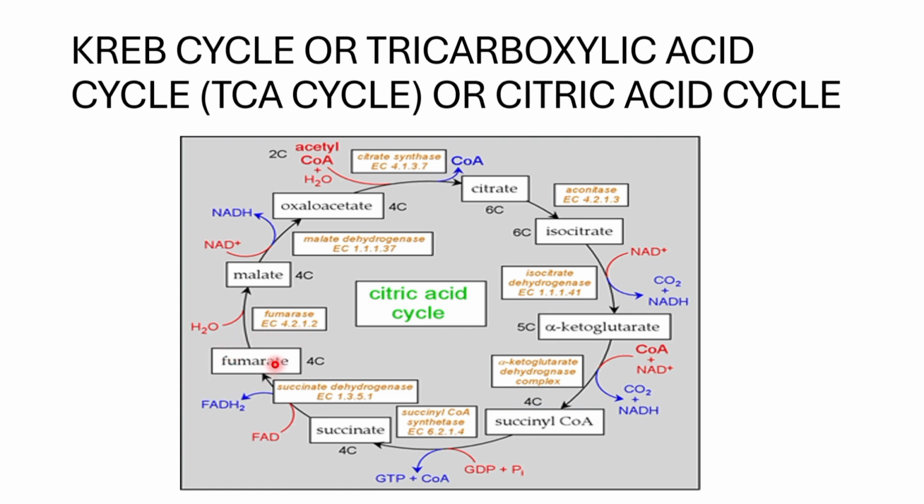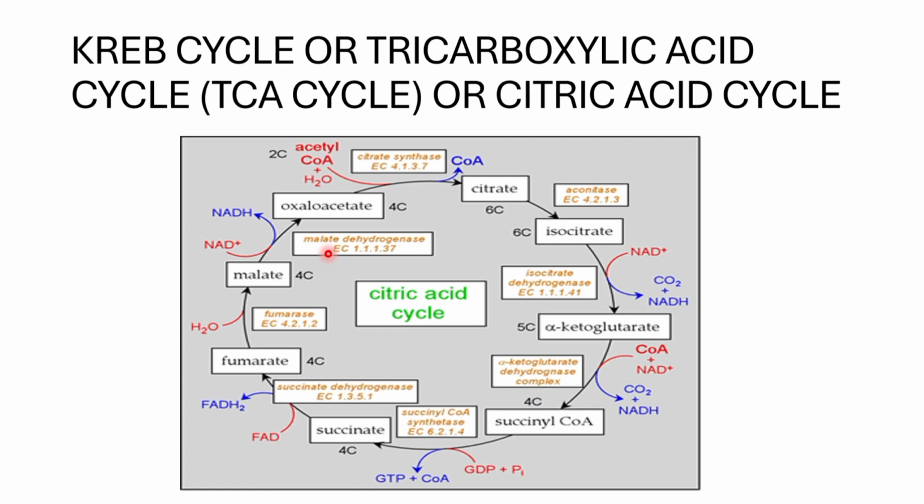Then malate also undergoes a reaction to form oxaloacetate, which is catalyzed by an enzyme called malate dehydrogenase. So the oxaloacetate formed here will also combine with the next acetyl-CoA to undergo the same process again.